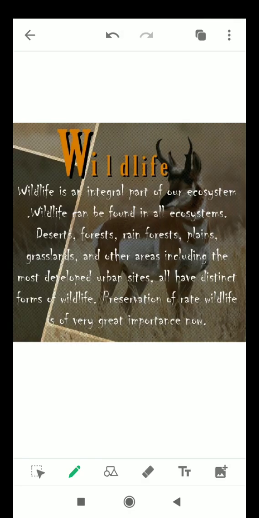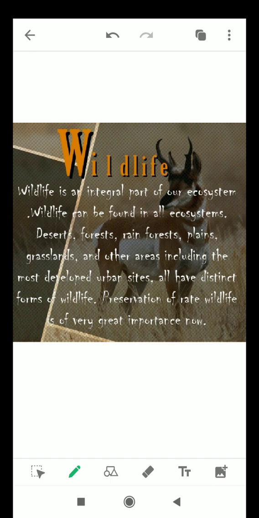Then next is wildlife. Wildlife is an integral part of our ecosystem, and it can be found in all ecosystems like desert, forest, rainforest, plains, grassland, and other areas including the most developed urban sites.